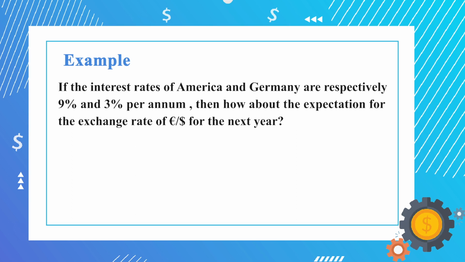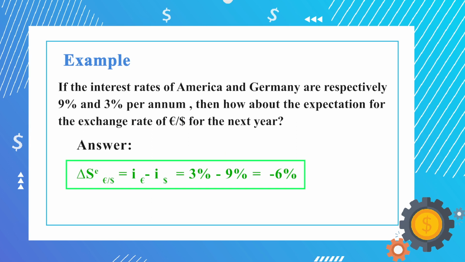To check the form of the exchange rate, because the exchange rate is written in the customary form, we can use the interest rate of the currency above the line minus the interest rate of the currency under the line. In the example, delta S^e of euro exchanged for dollar equals I_euro minus I_dollar, that is 3% minus 9%, equals negative 6%.